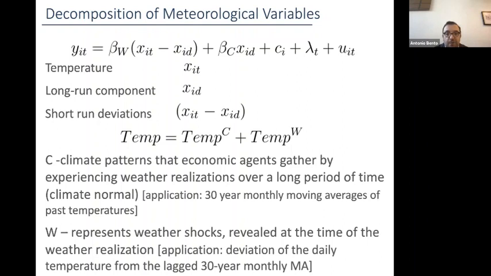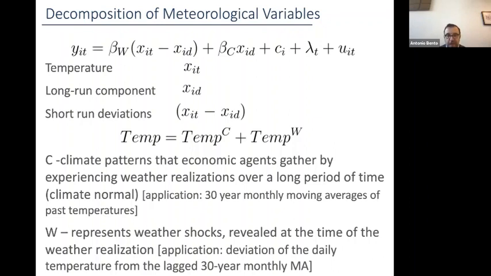And what we are going to do is use monthly moving averages of past temperatures to create temp C. And then we are going to represent the weather shocks as being revealed at the time of the realization. And those are going to be deviations of the daily temperature from the lag of this 30-year moving average.